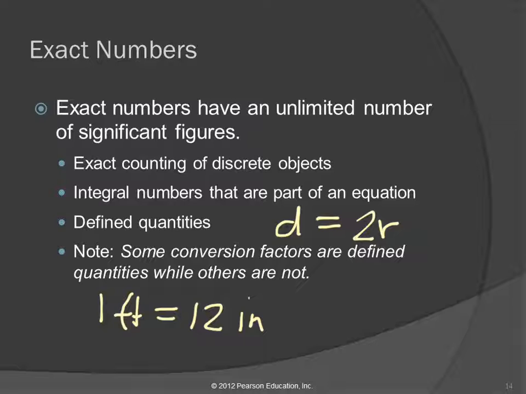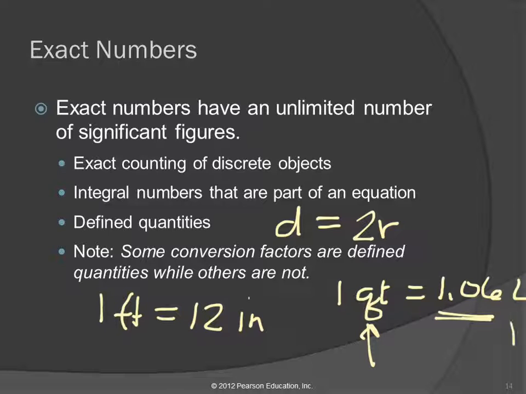I think a quart is 1.06 liters, though this is probably going to be wrong. But a number like this, where we're going between the English system and the metric system, almost all of those are not defined. And so those do have uncertainty in them.